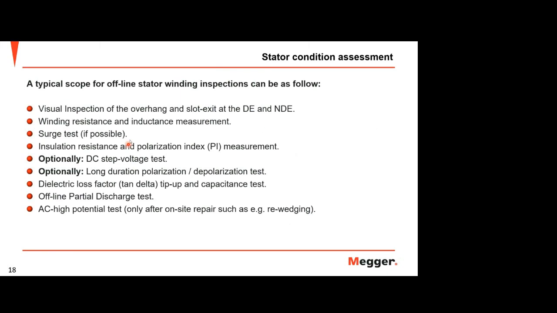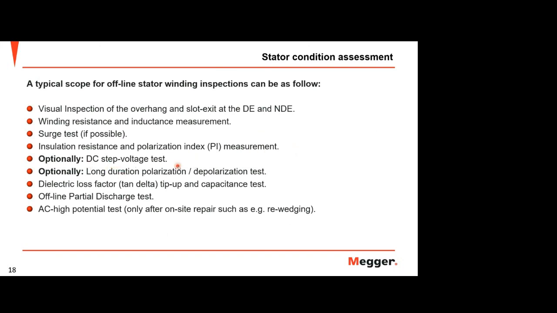Surge test, if possible. Some people prefer this surge test, because one test can be used to analyze your turn-to-turn issue. And also insulation resistance with PI measurement can give you information on the insulation deterioration, insulation condition.